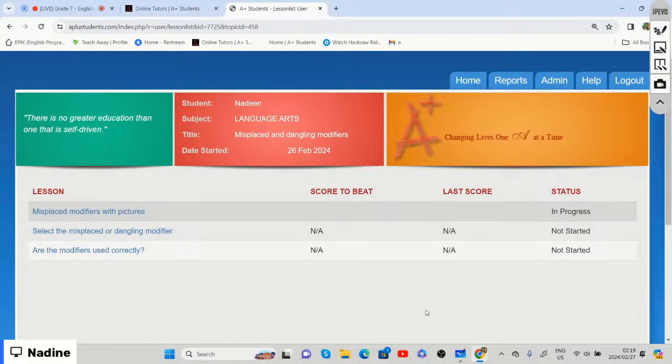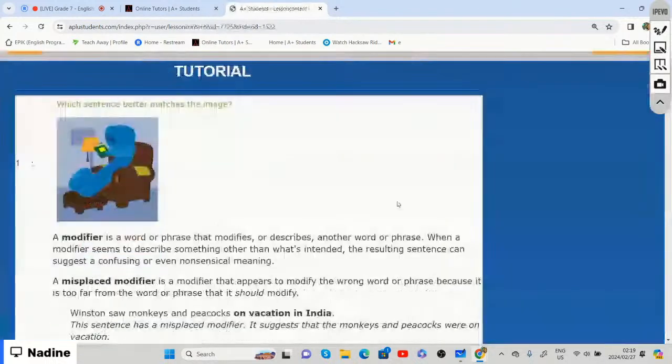We are going to our first lesson, which is misplaced modifiers with pictures. So which sentence better matches the image? All right, you have a telephone that is chilling on a couch, reading a book.